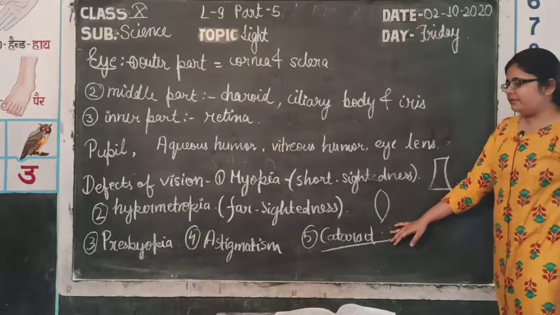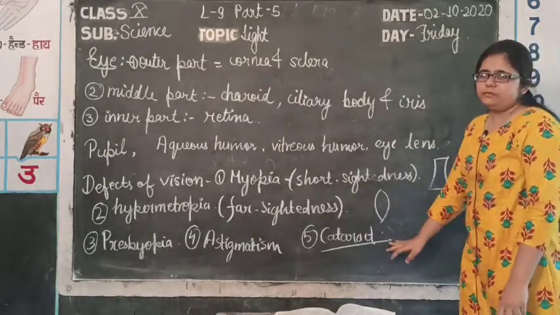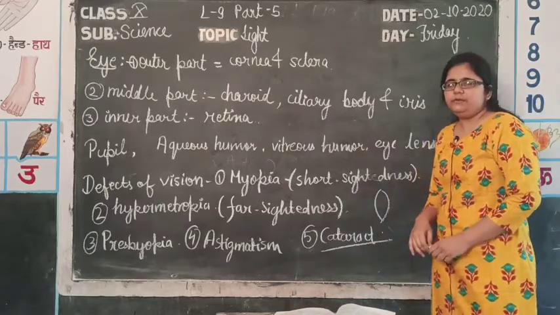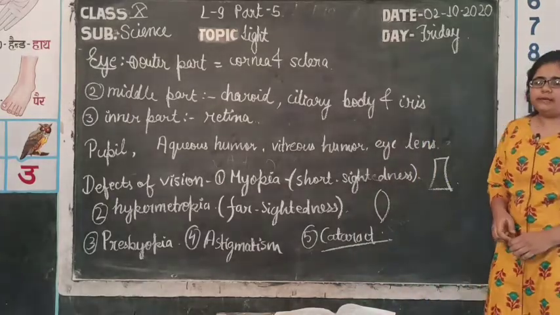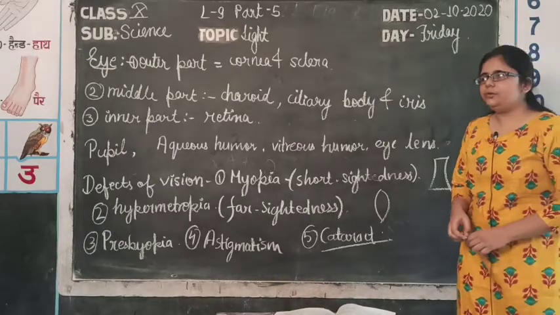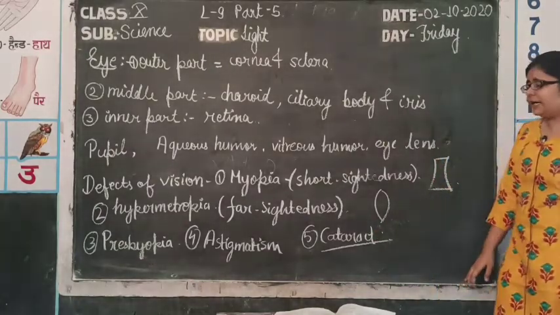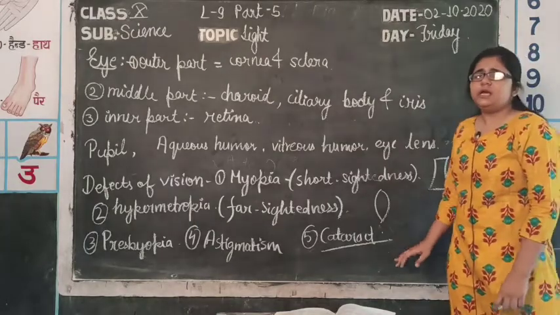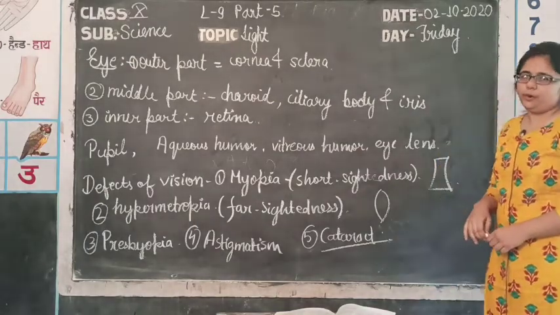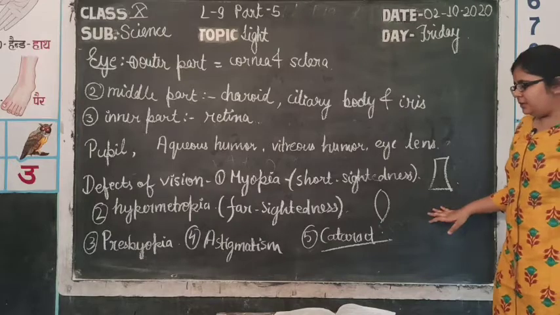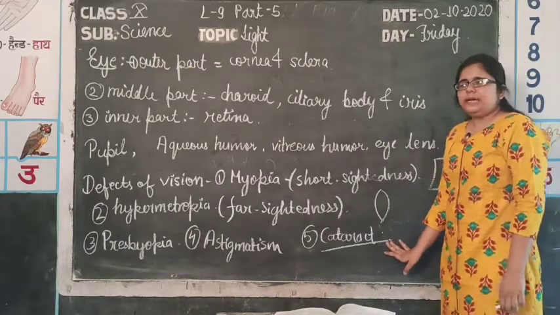So, the last defect is cataract. This is the defect of the eye lens in which the transparency of the eye lens is disturbed, and due to that an opaque structure is present. Due to that opaque structure, the passage of light is not proper, and you have to replace the eye lens.